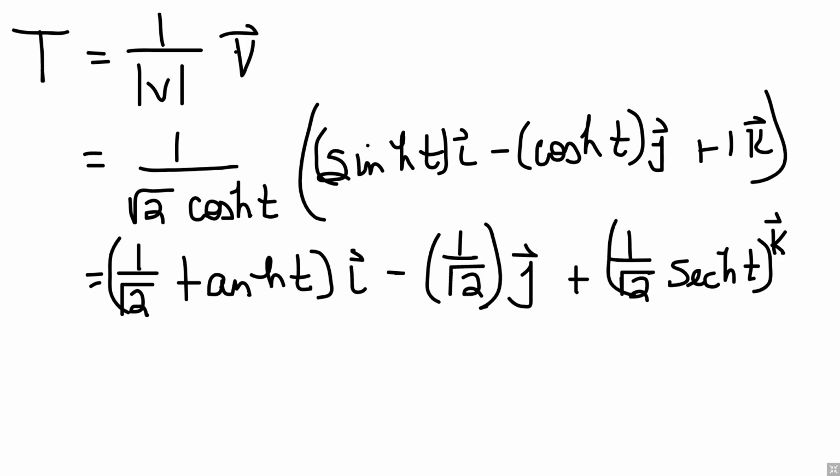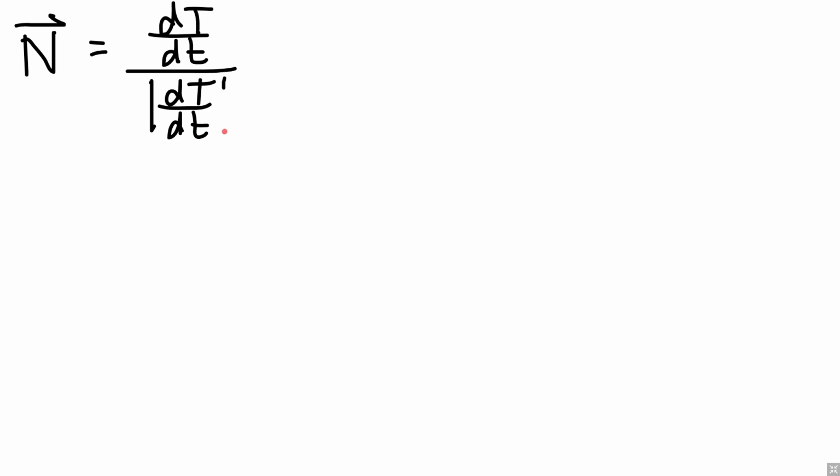Okay. All right. So next, we're going to find the unit normal. For the unit normal, we need to take the derivative of the unit tangent with respect to t over the magnitude of the derivative of the unit tangent with respect to t.